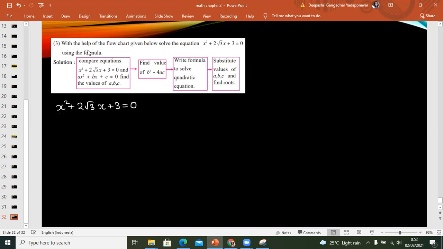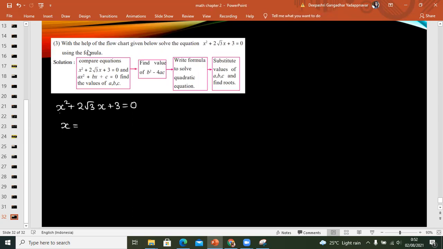We are going to find out first the value of b square minus 4ac. According to their steps, let us try to find.